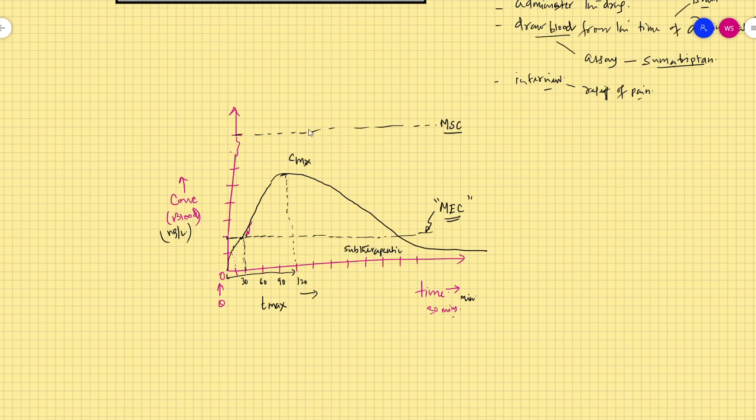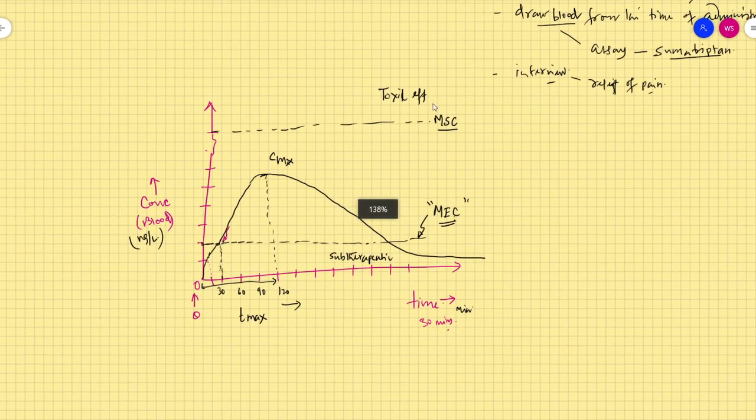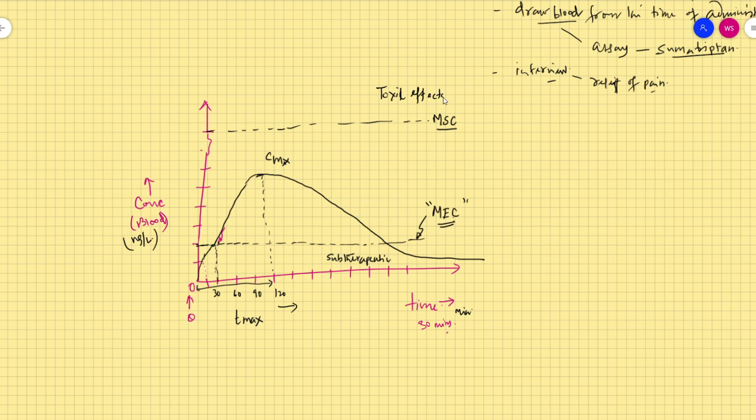If you cross this threshold, you see toxic effects. Above MSC you find toxic effects. And when you touch the line also you might find some toxic effects, but that's the maximum safe concentration. Beyond that, it is a genuine toxic effect.